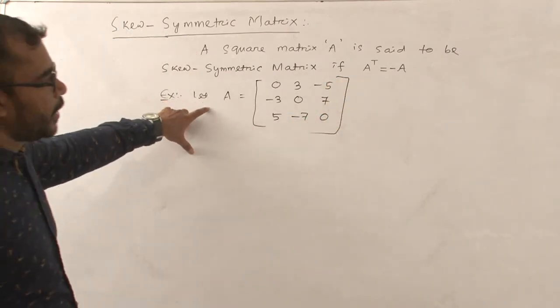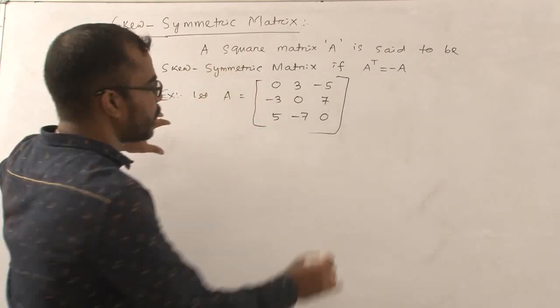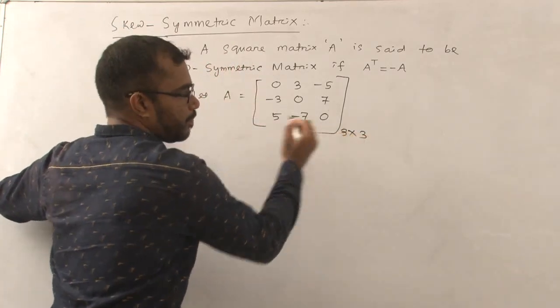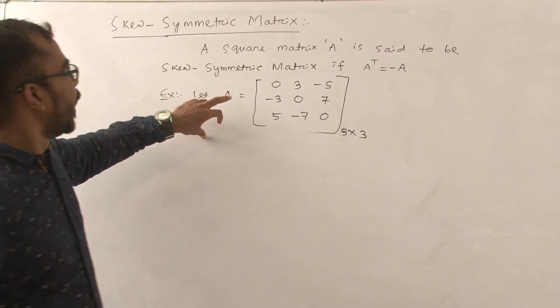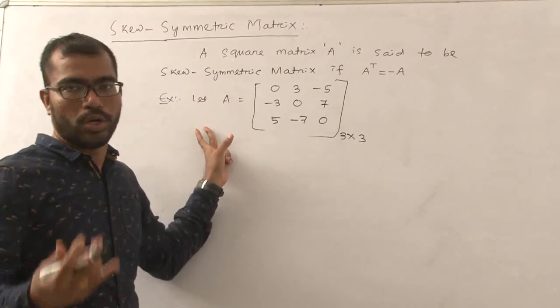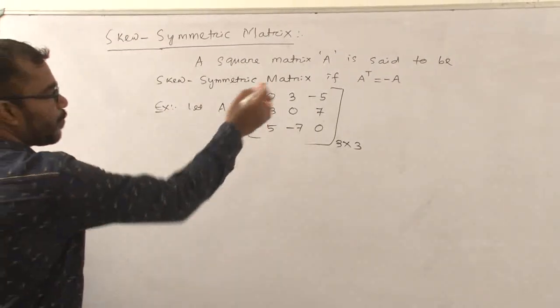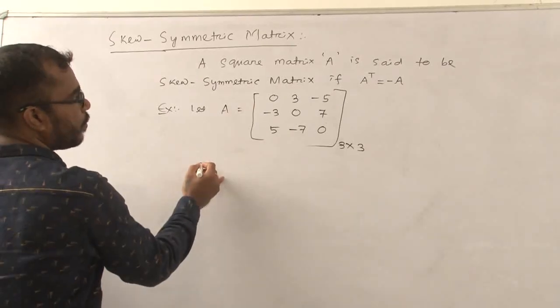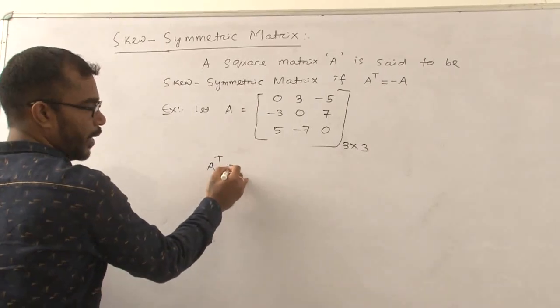Here A is a square matrix because its order is 3 into 3. Now we have to check whether it is a skew symmetric matrix or not. First we have to calculate the transpose of A.